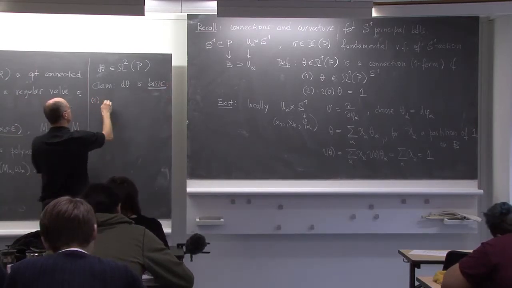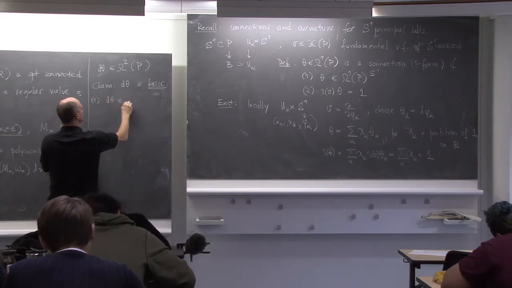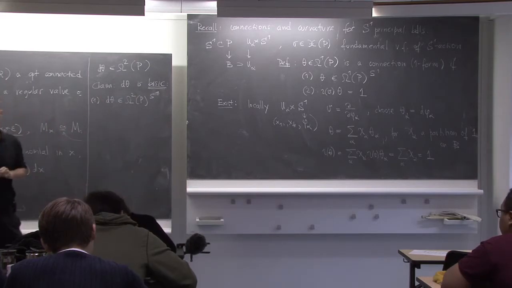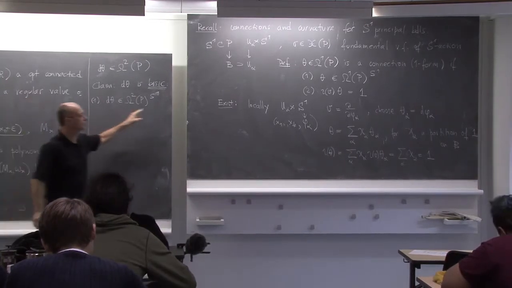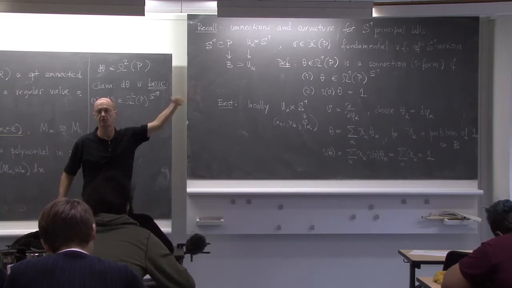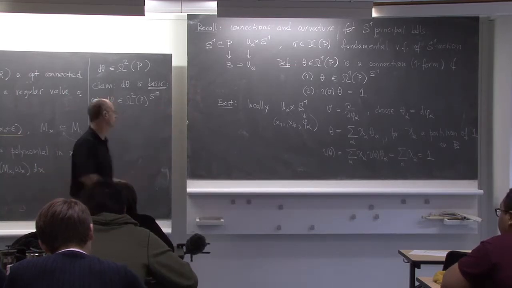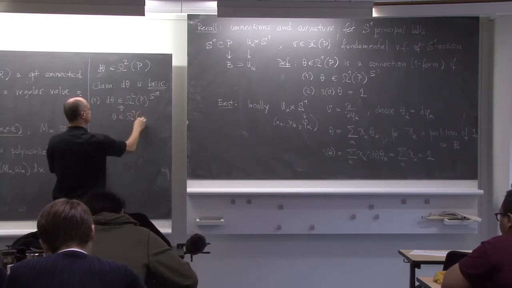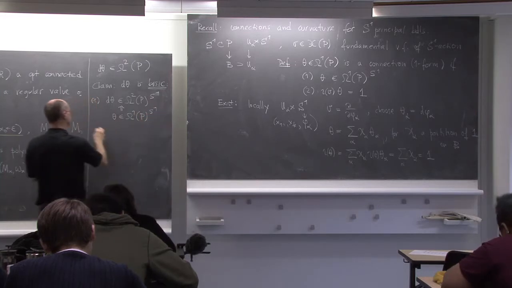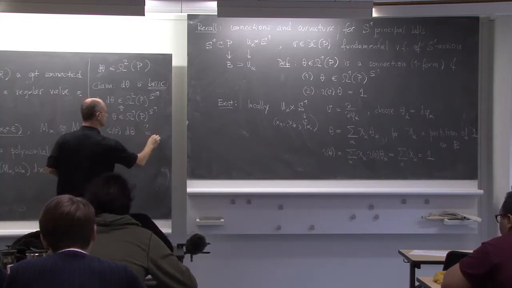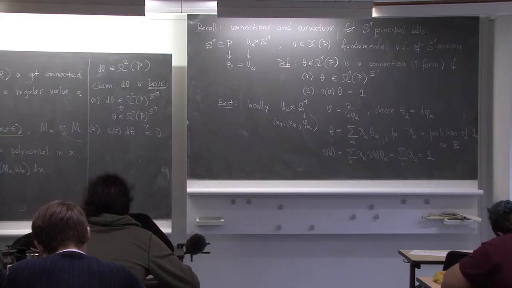First of all, d theta is S1 invariant. So this is obvious because theta was S1 invariant, and the differential commutes with all diffeomorphisms. So the second condition to check is iota v d theta equal to 0.